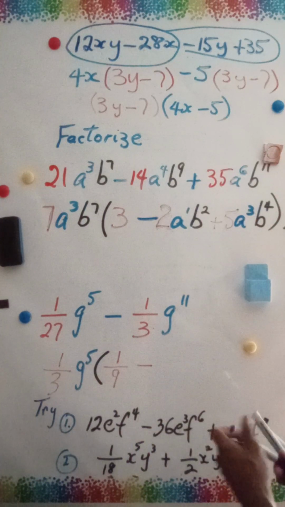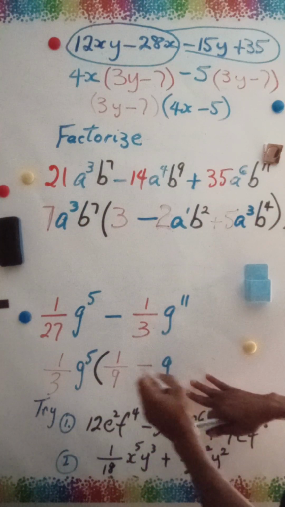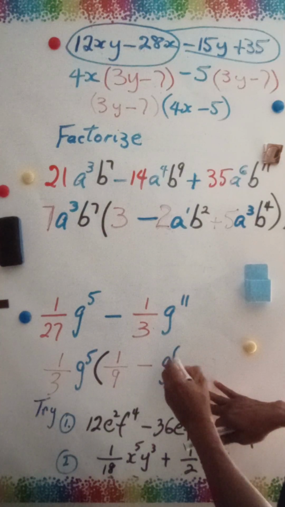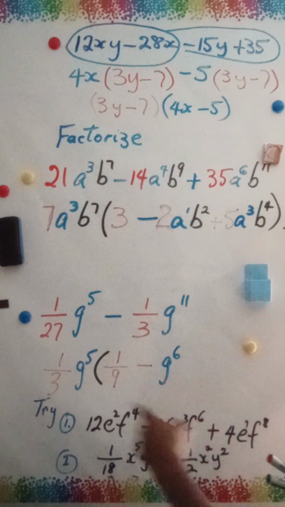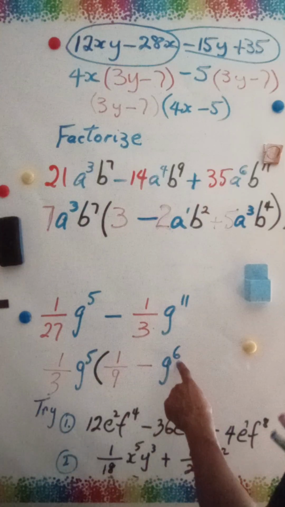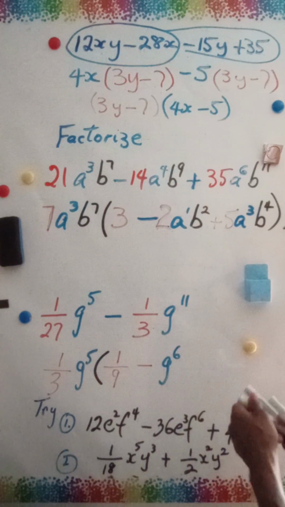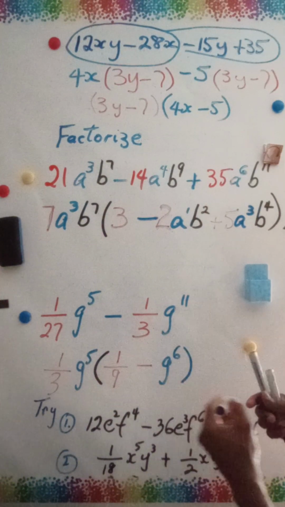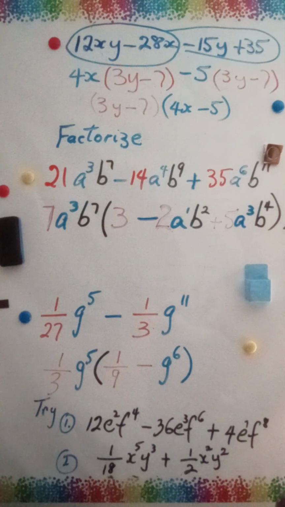And what is g to the fifth into g to the 11th? That's g to the sixth, because 5 plus 6 gives us 11. So please note what has happened there. And this is how basically you would deal with respective systems looking like this in factorization.